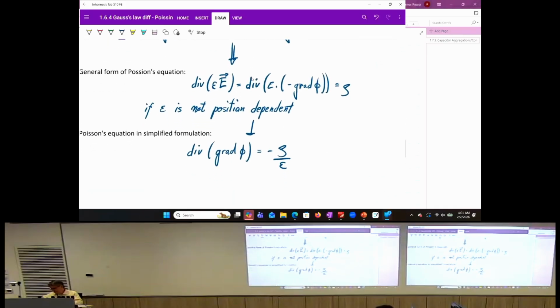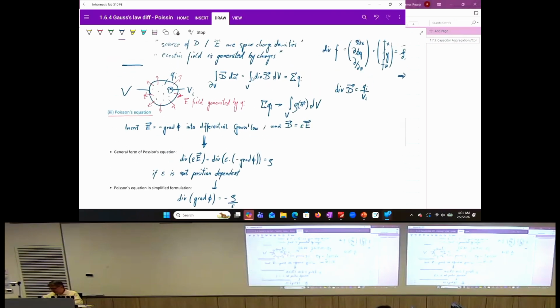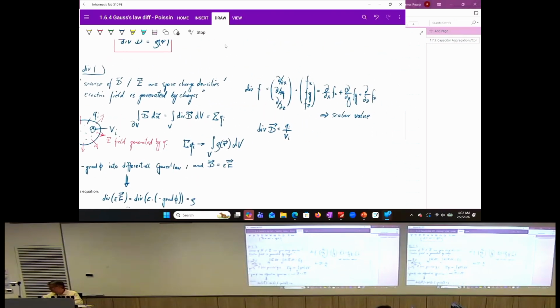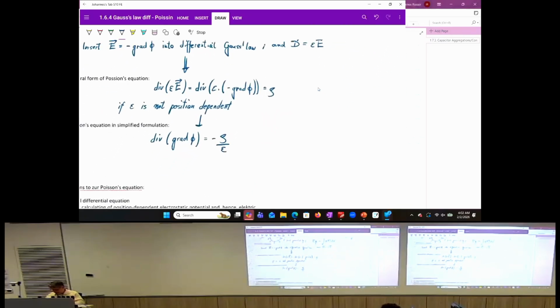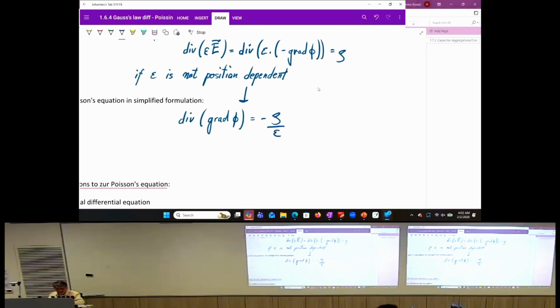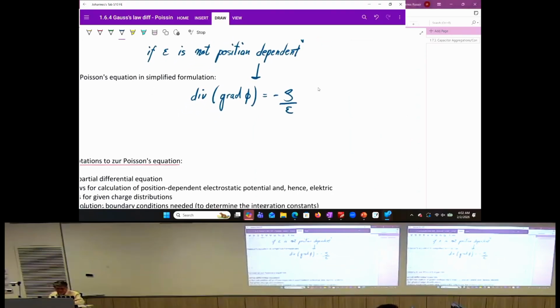And you get now this Poisson equation in the simplified form.